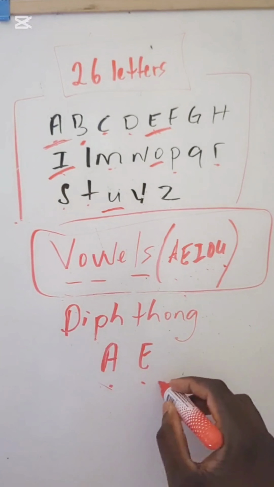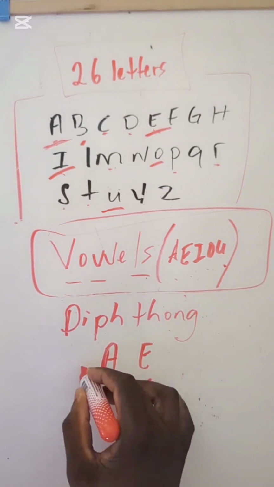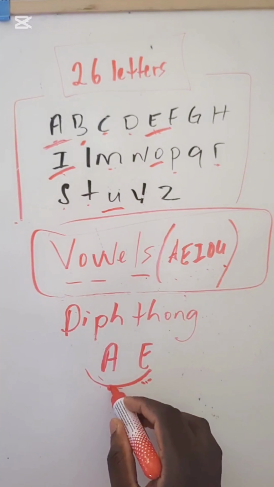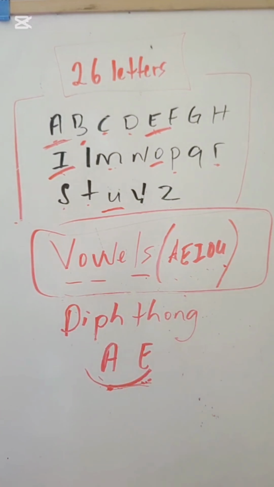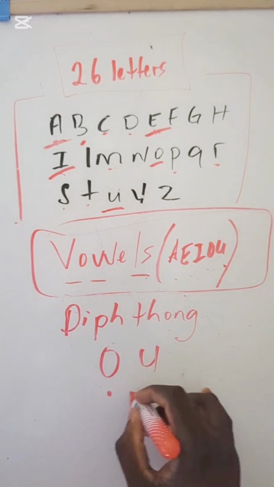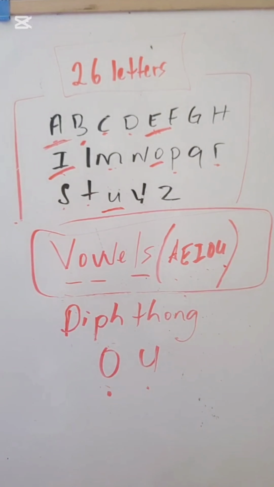It's the way your mouth moves from A to E. It creates a little glide. So as you say A, your ear starts to hear a different sound. It starts to sing a different tune. This one now with OU, you hear it start to sound a different tune. So that is what is referred to as a diphthong.